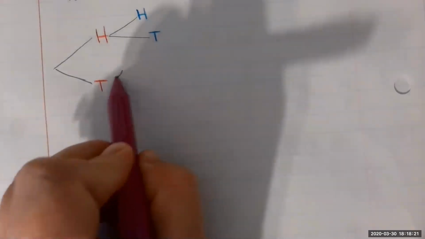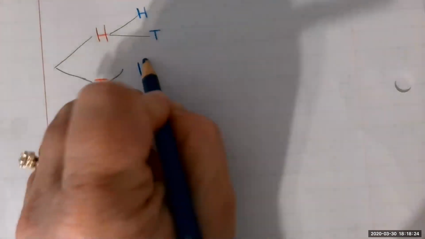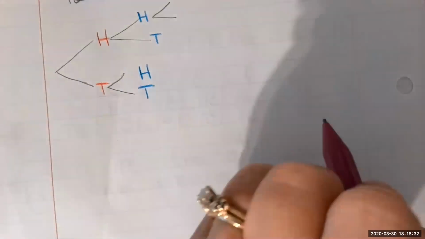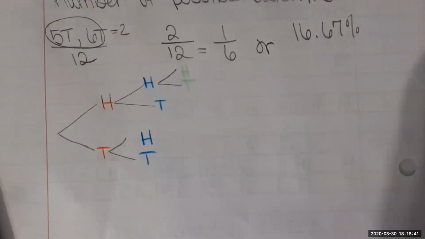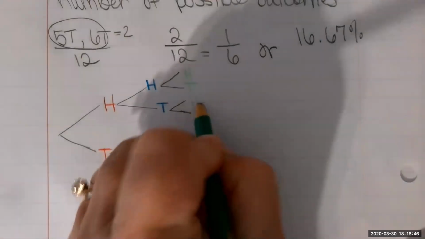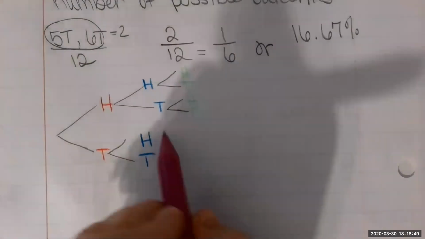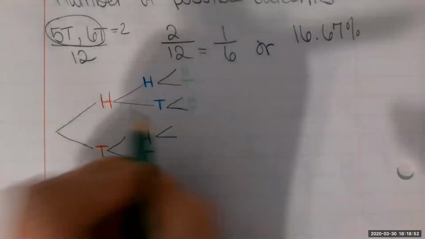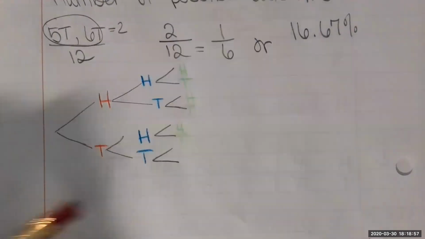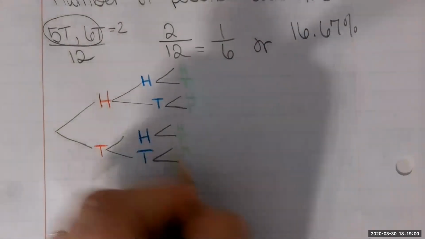And then this is the third nickel. This one's going to be heads or tails. Again, we're going to have heads and tails. Here we're going to have heads and tails.